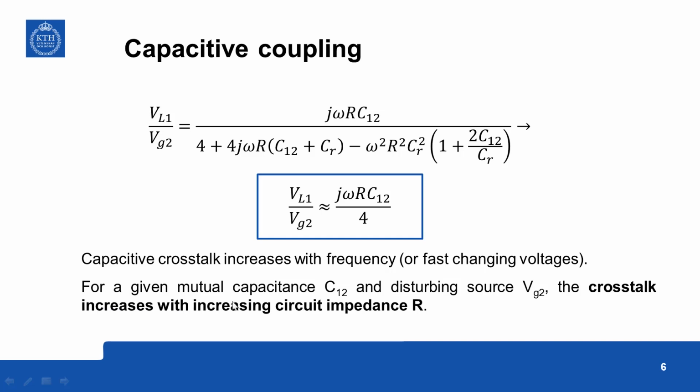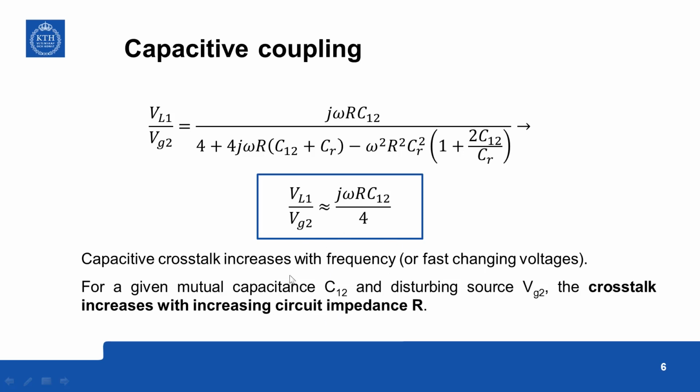For a given mutual capacitance C12 and disturbing voltage VG2, the crosstalk increases with increase in circuit impedance R. So capacitive crosstalk is more predominant in high impedance circuits, where we have less currents and more voltages. So these conclusions we can arrive at from this expression.